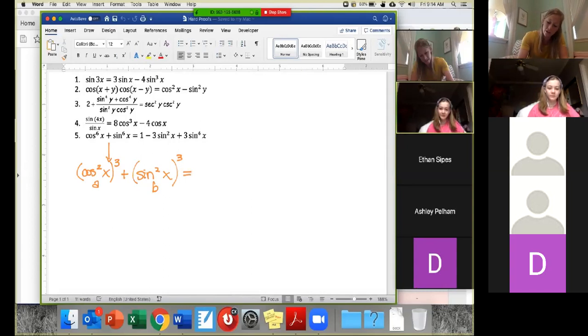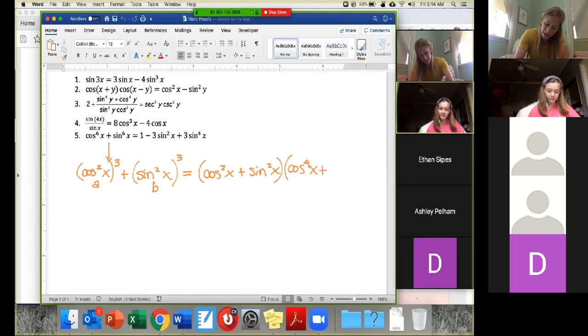Your sum of cubes formula says A plus B, so cosine squared plus sine squared. And then A squared, what would be A squared? Cosine to the 4th. Sine to the 4th.